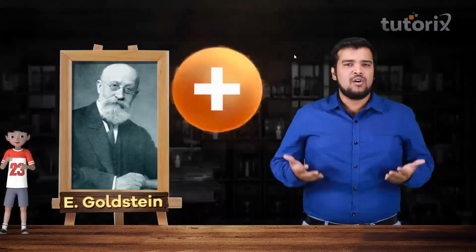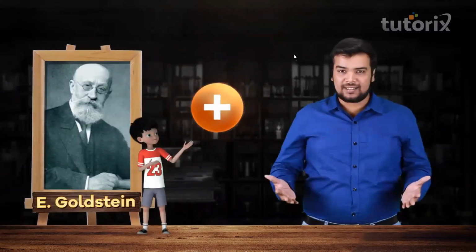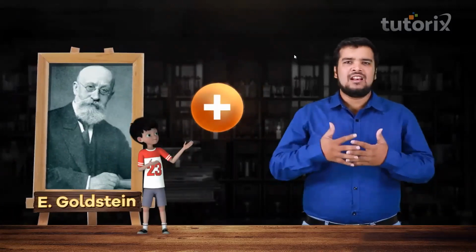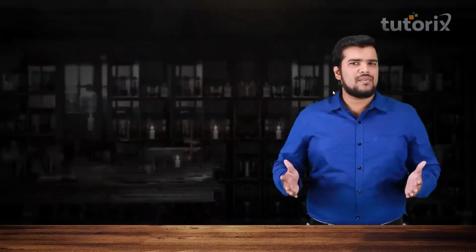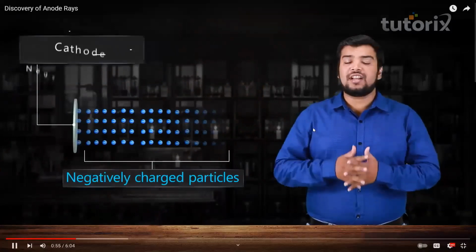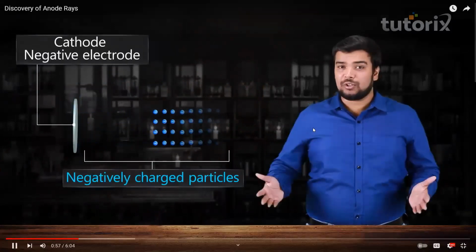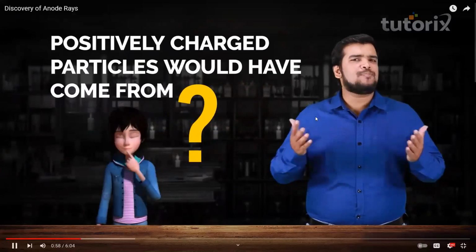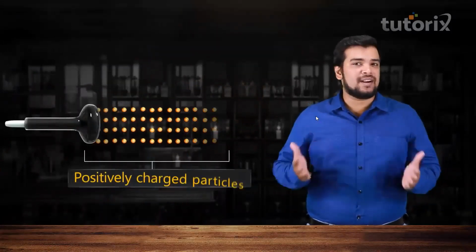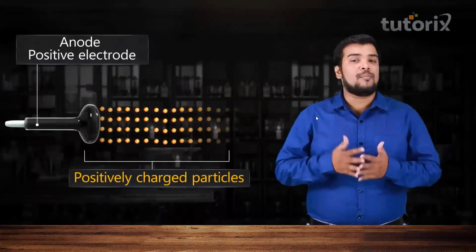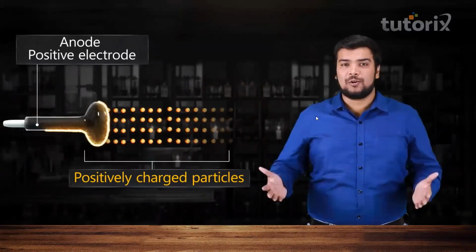Well, E. Goldstein was the first person who found out these positively charged particles, which eventually led to the discovery of protons. Now, since negatively charged particles were originating from the negative electrode, which is cathode, where do you think these positively charged particles will come from? Well, these positively charged particles will originate from the positive electrode, which is anode.